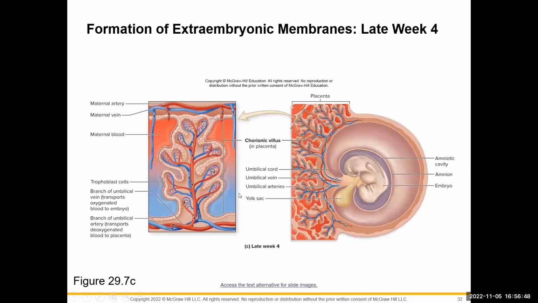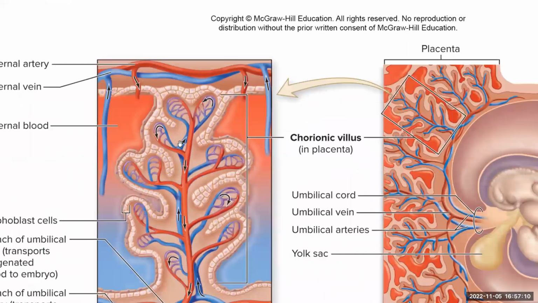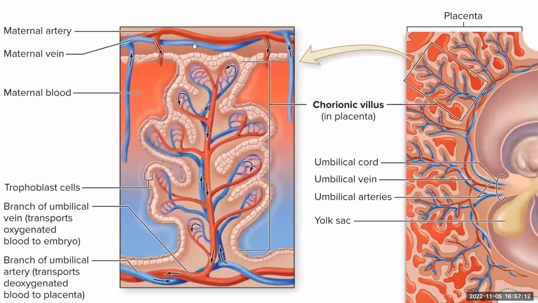So let's zoom in even closer. Here you can see how we have our chorionic villus. At the bottom of the screen we have the umbilical arteries and vein, and at the top of our screen, we have the maternal artery and vein. Now notice, if you look at the picture, there are no actual physical connections between any of the maternal blood vessels and the embryological or umbilical blood vessels.